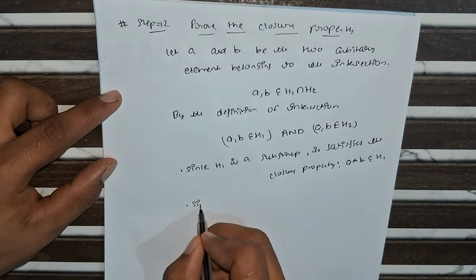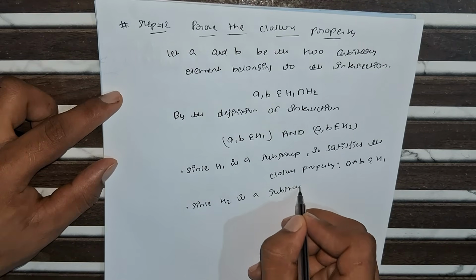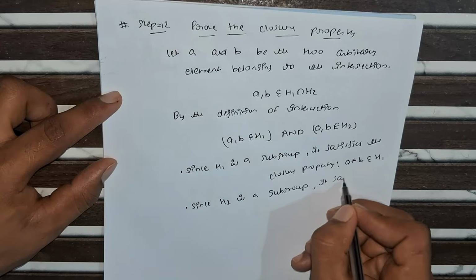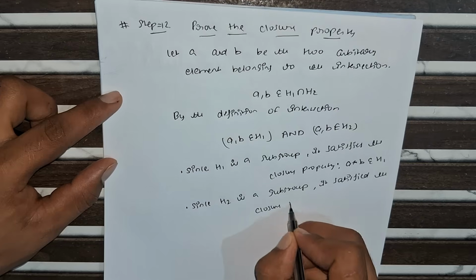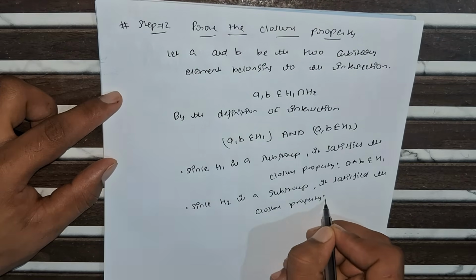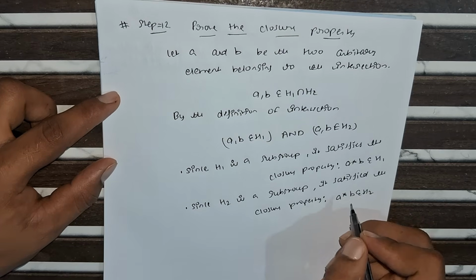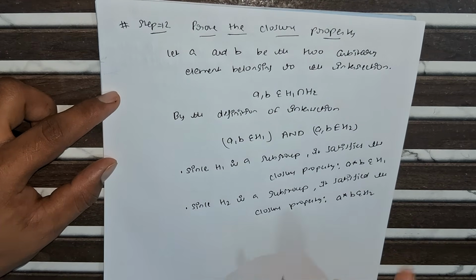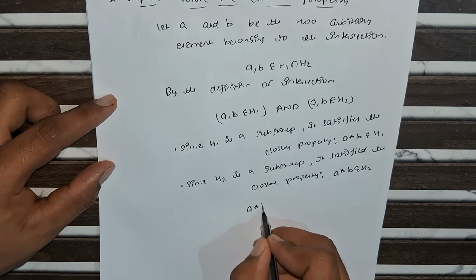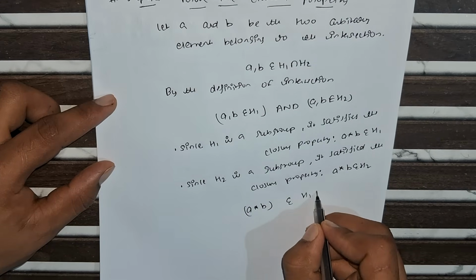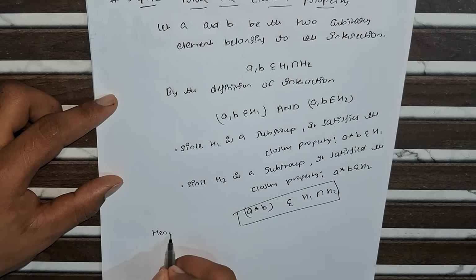Like that for H2: since H2 is a subgroup, it satisfies the closure property where A asterisk B belongs to the H2 subgroup. So since the element A asterisk B belongs to both H1 and H2, it must belong to the intersection also. It means A asterisk B belongs to H1 intersection H2. So here our closure property is satisfied.